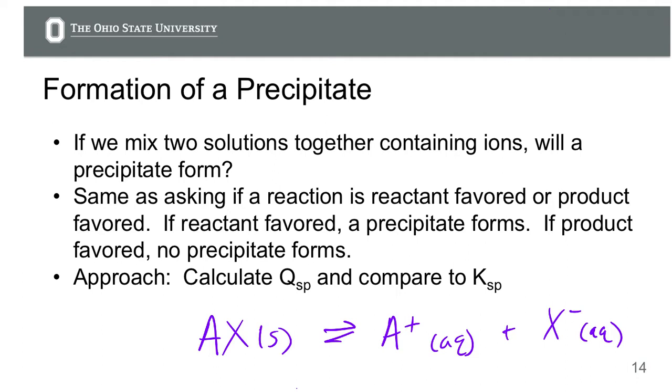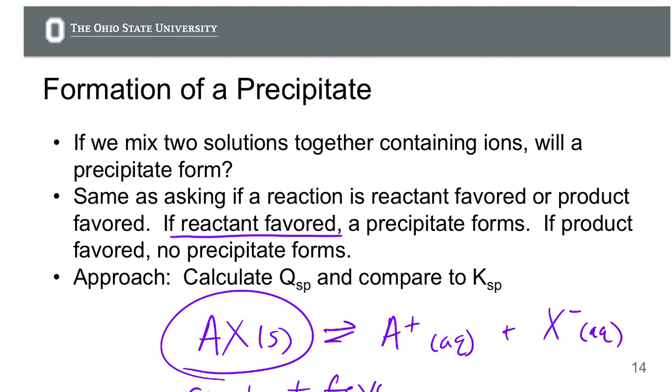All right, so the question of whether a precipitate forms is essentially, is a reaction reactant favored or product favored? If a reaction is reactant favored, that means we have a solid, which is essentially saying that a precipitate forms. Reactant favored means the precipitate, which we usually abbreviate PPT, forms.